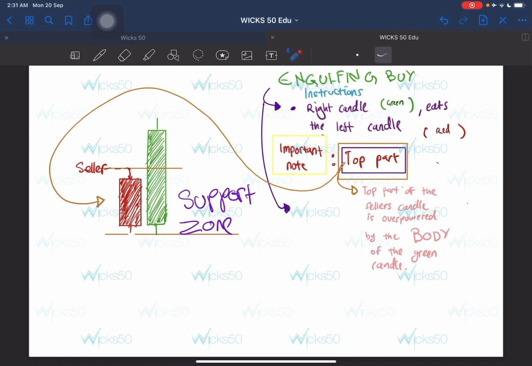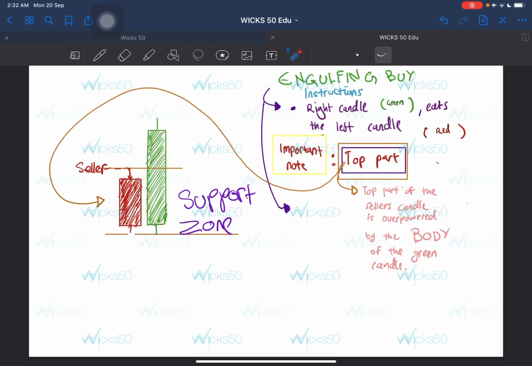So there are a few key points that you need to know about engulfing buy. First step is the right candle, which for this reference is the green candle, has to eat the left candle, which is the red candle, this candle. So remember what I said, when we talk about eating, the body of the candle has to be higher than the highest point of the red candle.